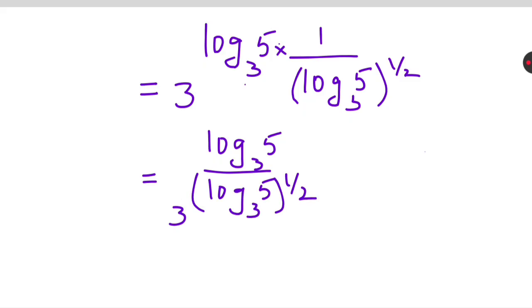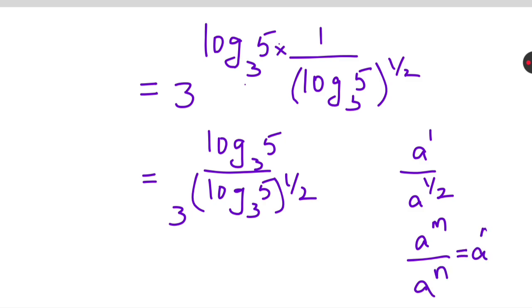So in the numerator we have a, which is a raised to the power of 1, and in the denominator a raised to the power of 1 over 2. Now it is in the form a^m over a^n, so we can write this as a^(m-n). So we can write this as a raised to the power of 1 minus half, and 1 minus half is nothing but half.